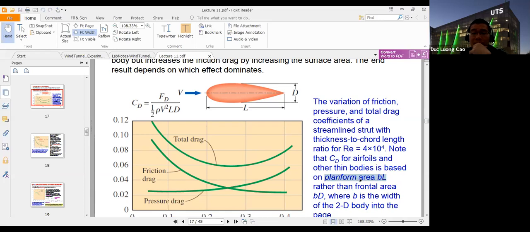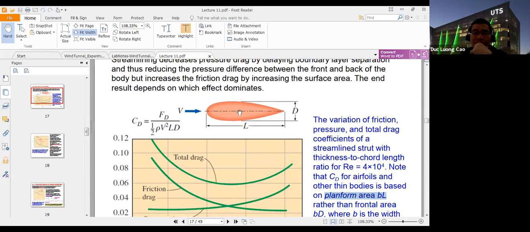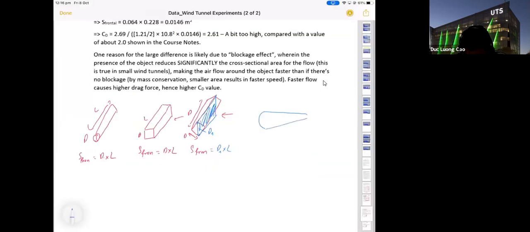Planform area is what you see from the top view. You see this one will be a rectangle, of which one side is L, and the other side is the length of the airflow. So you have a raindrop like this.